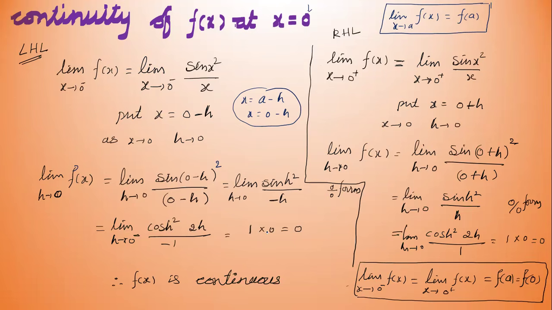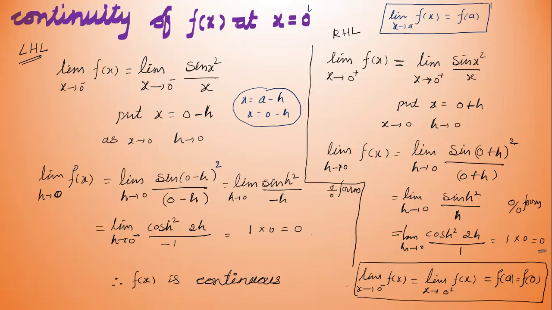If you apply the limit, cos of 0 is 1, into h value; if you put 0 in h place, we get 0. 1 into 0 is 0. LHL is equal to 0. Similarly, we can find RHL, and we get RHL also 0.